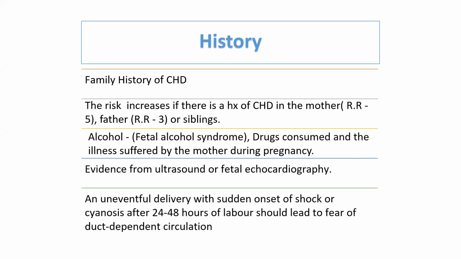If the mother has a history of congenital heart defect, or had an intervention for it, the relative risk compared to the normal population is 5. If the father was affected, the relative risk is 3. This was a major finding in Denmark, where they followed babies from 1977 to 2011, in a big study they carried out over the years to see the risk of developing congenital heart defects.